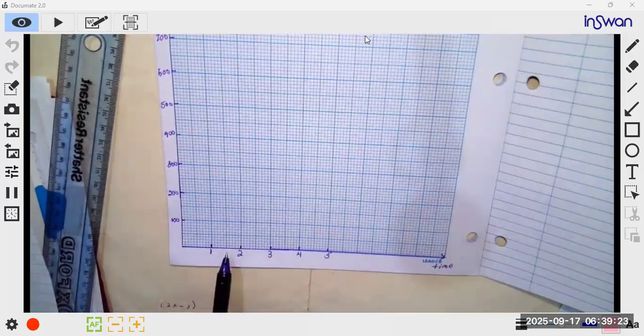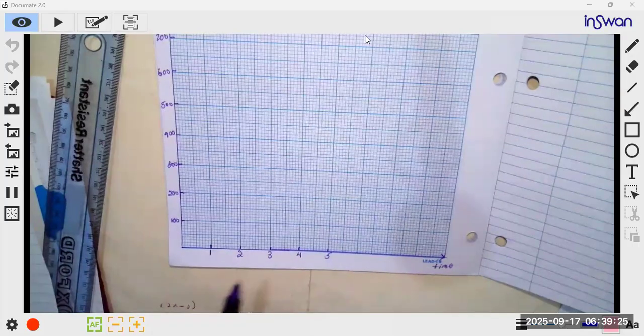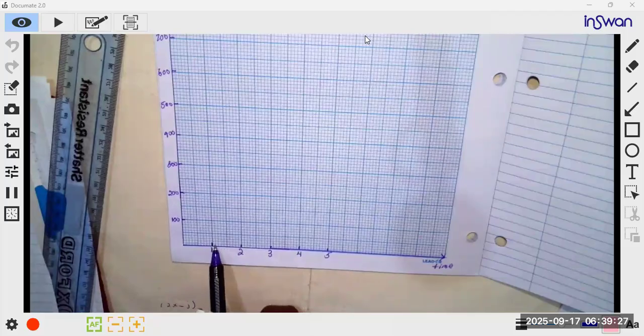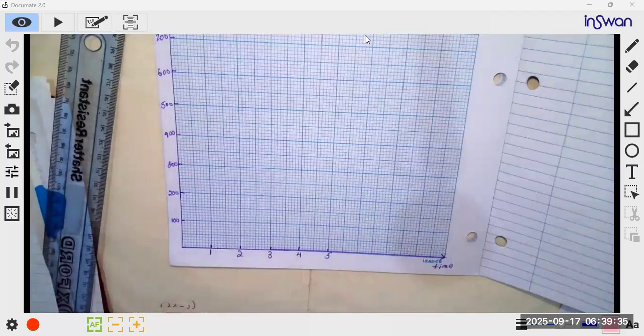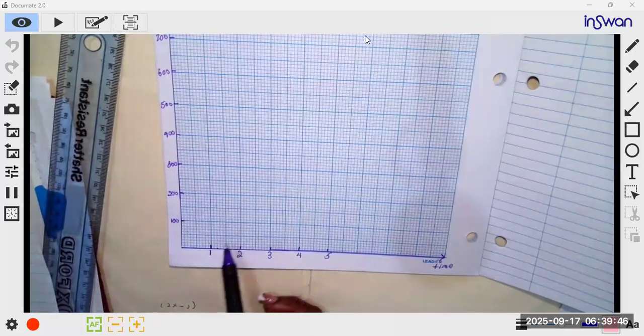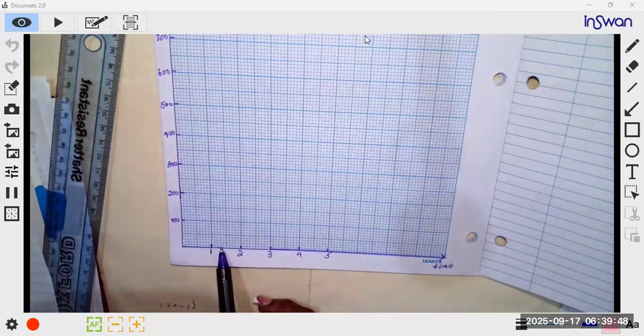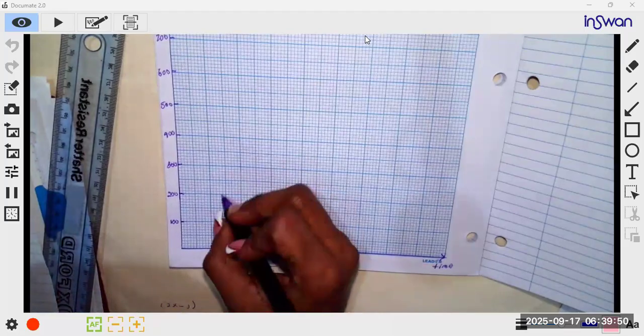With these 10 blocks here, one line is 1.1, another line 1.2, another 1.3, 1.4, 1.5, 1.6, 1.7, 1.8, 1.9, and then 2. So here now we're going to 1.3 and 200. So it'll be 1.1, 1.2, 1.3, and then 200.